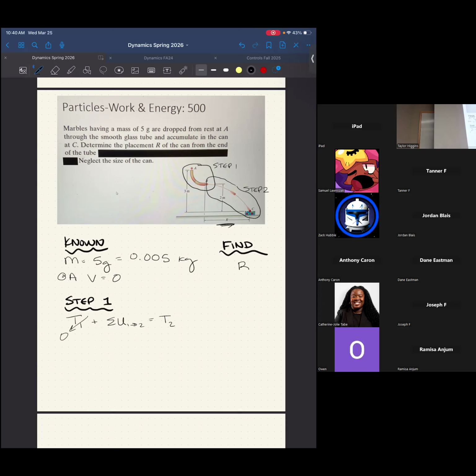Yep, we're starting from rest. We're released from rest. What all things are doing work on this particle from A to B? What all forces are doing work? It's just gravity, right? And we could draw a free body diagram to do that.